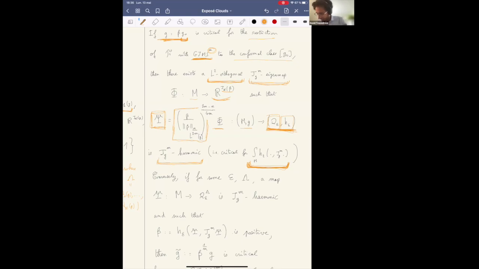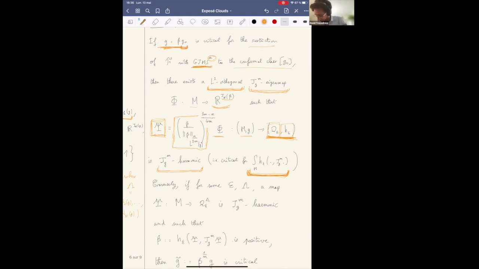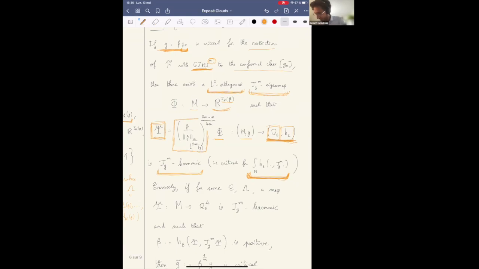So this is a GJMS version of the previous statement on Laplace that gave harmonic maps, or n harmonic maps.